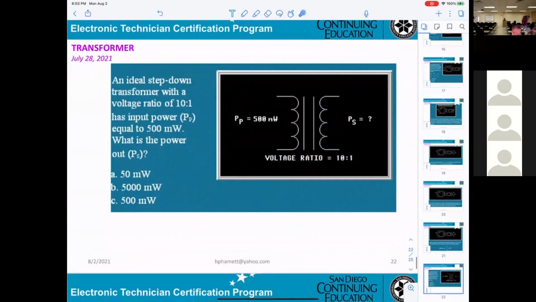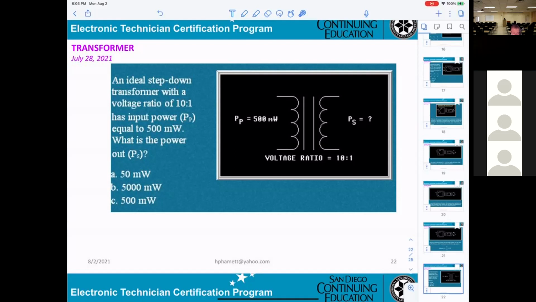Okay, an ideal step down transformer with a voltage ratio 10:1 has input power equal to 500 milliwatt. What is the power out? That means the power of the secondary. Can you tell me?